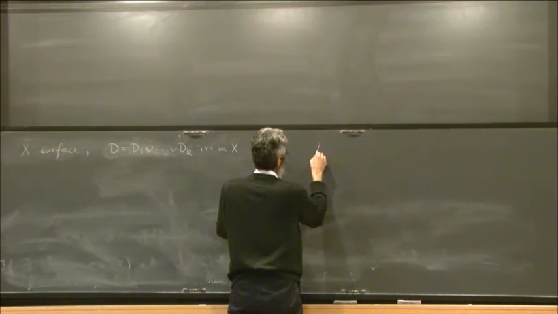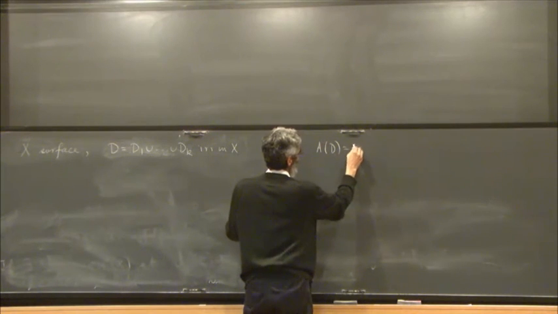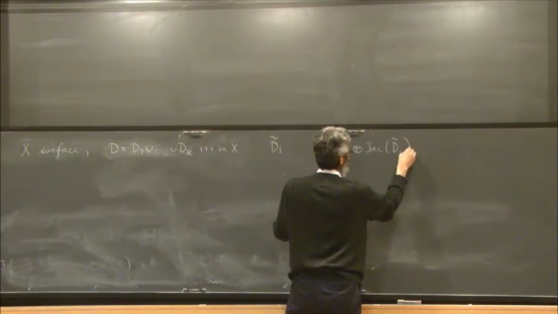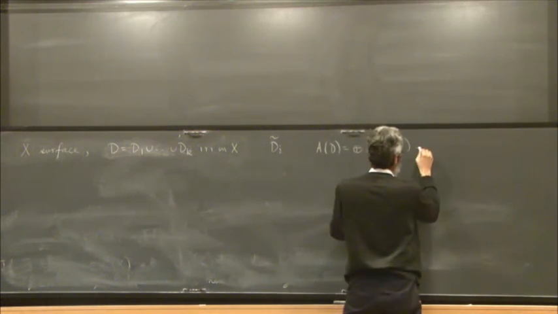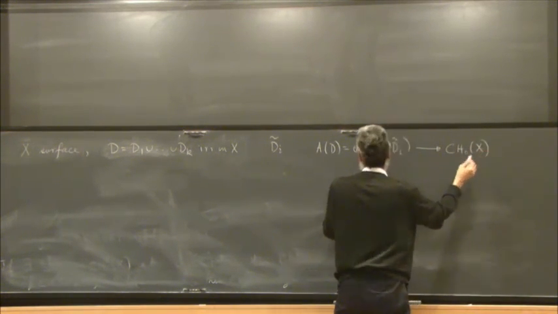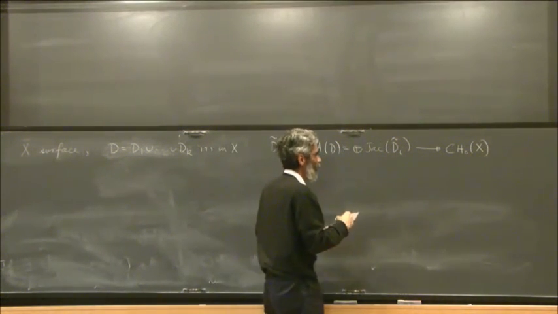So let me call A of D the direct sum of the Jacobians of the non-singular models. And there is a natural map, of course, from this to Chow 0 of X. And I'd like to find out what the kernel is.